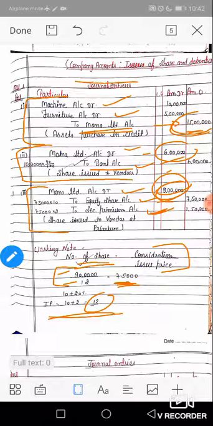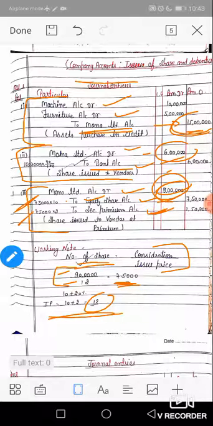So we will pass this amount in the journal entry. To Equity share capital: 75,000 shares, and per share face value is 10 rupees. Capital account is always credited with face value. 75,000 shares at rupees 10 is 7,50,000.